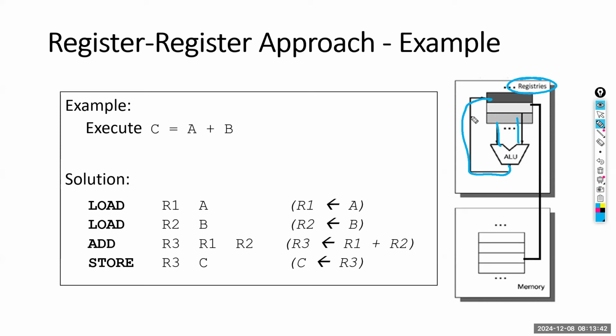So therefore, separate statements must load values to registers and write the results from registers to the memory. So this is loading, this is writing. And your processing statement only refers to registers. Okay. Right. That is the register approach.